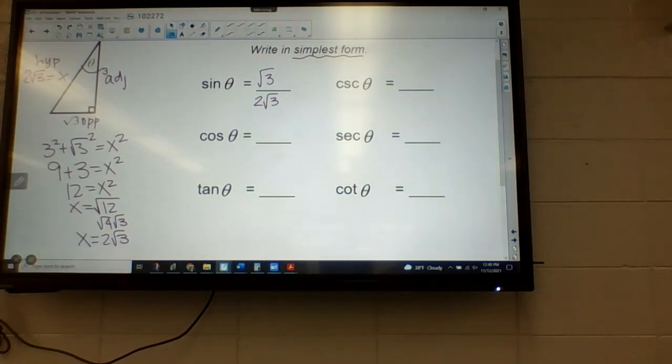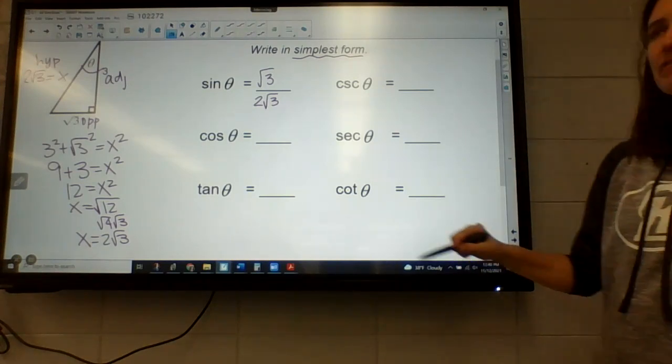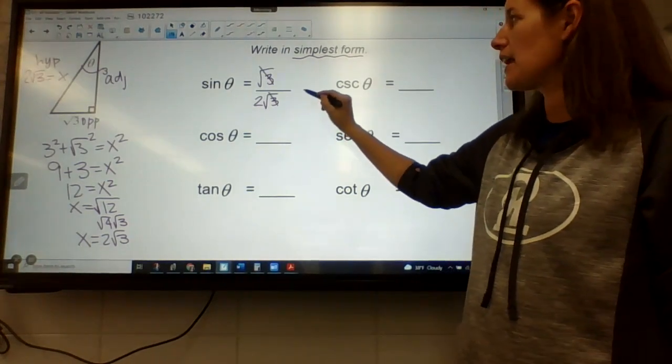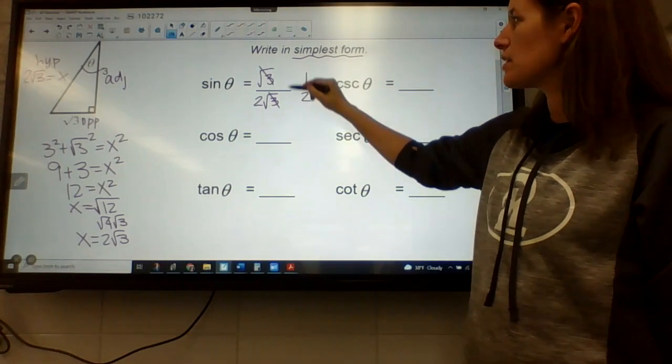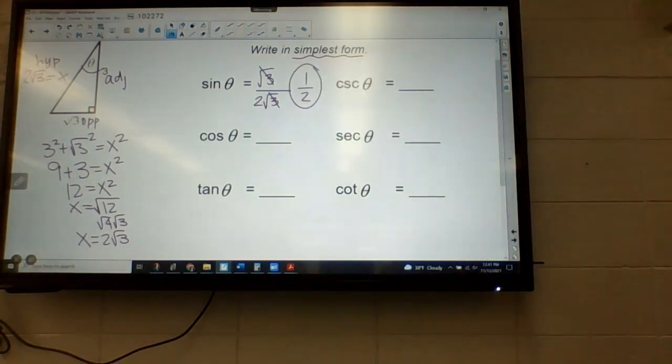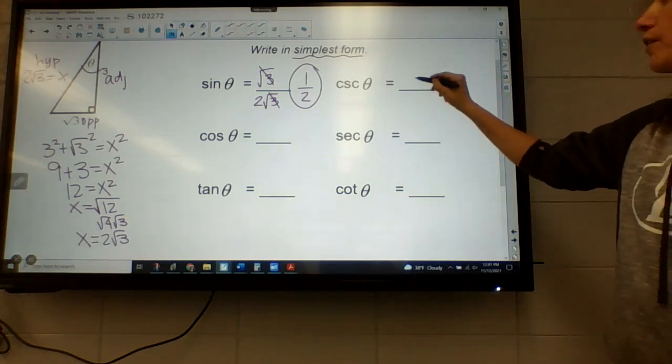All right, opposite over hypotenuse. So what does that become? 1/2. Those square root of 3's just cancel. So this is just 1/2. All right, so what's the cosecant going to be then? It's going to be 2. 2 over 1, or just 2?